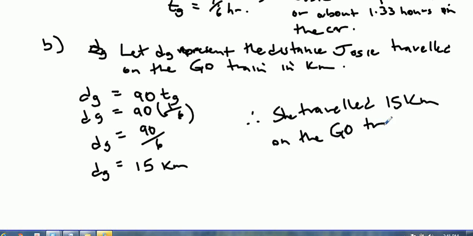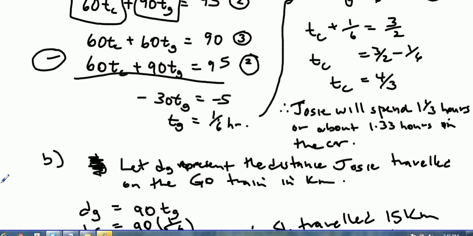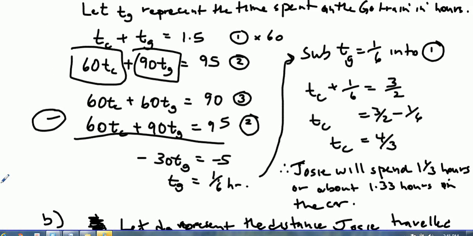Okay, that wasn't an easy problem, right? I get that. You've got to remember your relationship between distance and speed and time. That little triangle helps you sometimes. And just remember, I think the key thing here is that the units have to match. If this is time and this is time, then this is time.